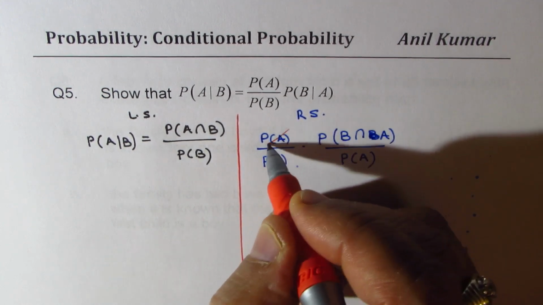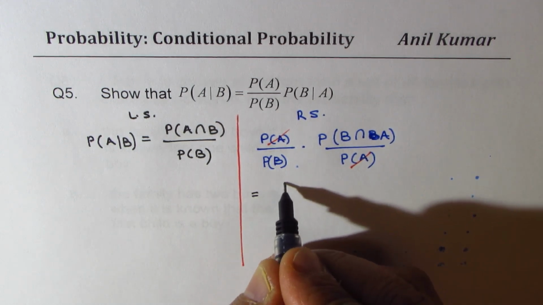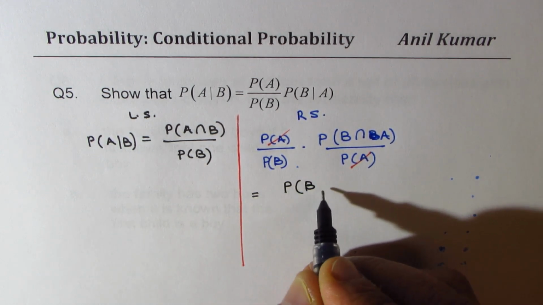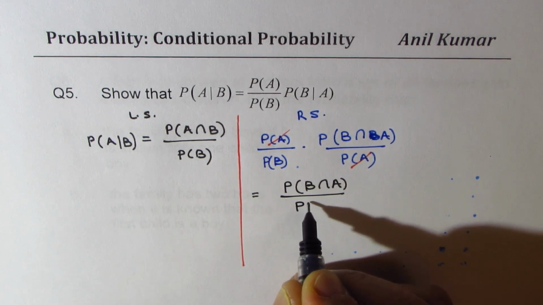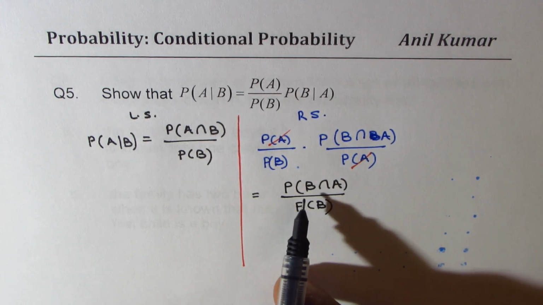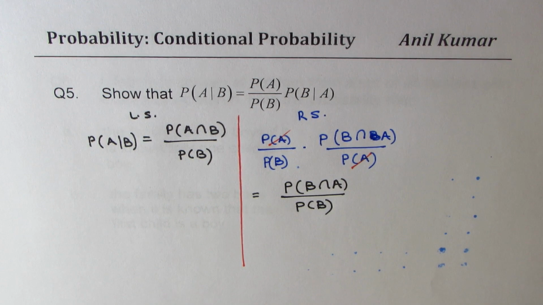Now from here, we know this can cancel. So we could write this as probability of B intersection A divided by probability of B. Now what is probability of B intersection A? It is same as probability of A intersection B, right?